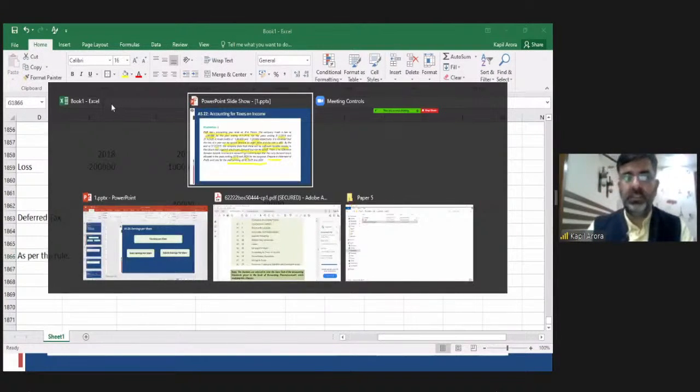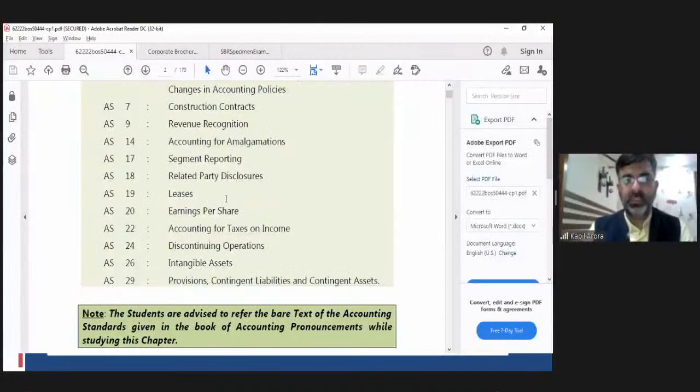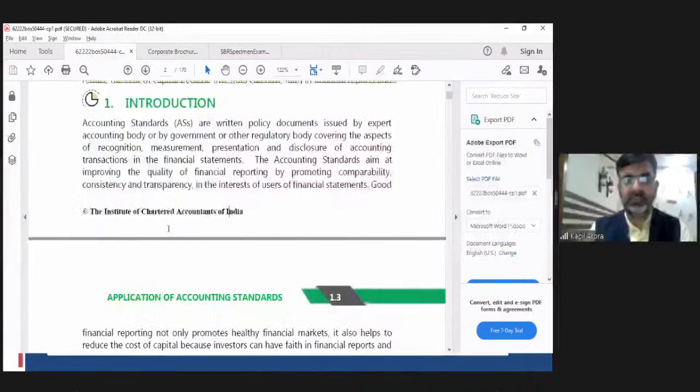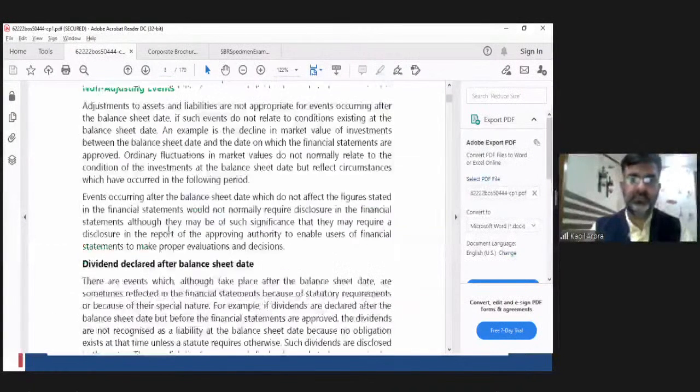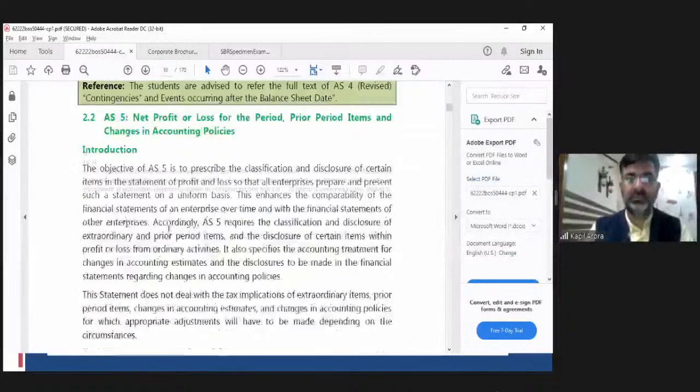Right. The point or the question which we were discussing related to income taxes, I think we can discuss. I can see how it has been addressed here related to the allowance.